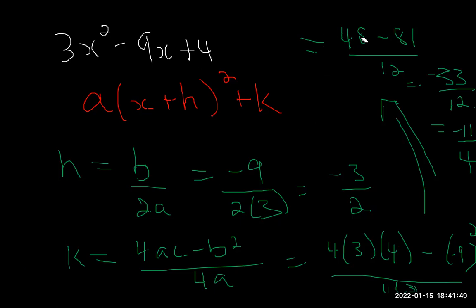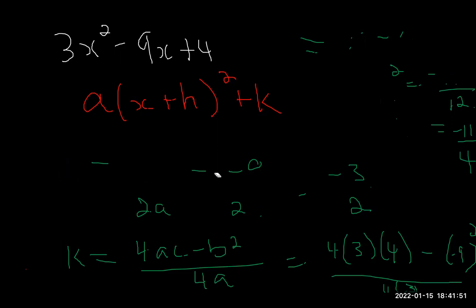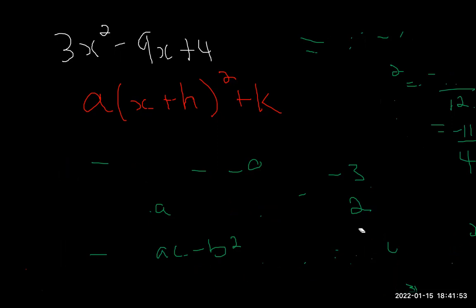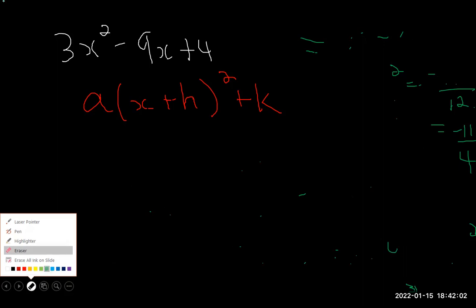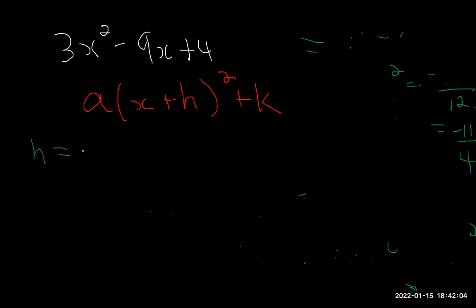Yes, miss. So we know our value for h is minus 3 over 2, and k is minus 11 over 4. All I need to do is substitute my values now.